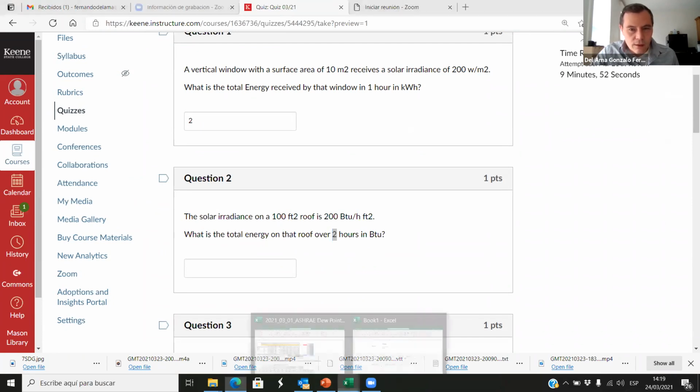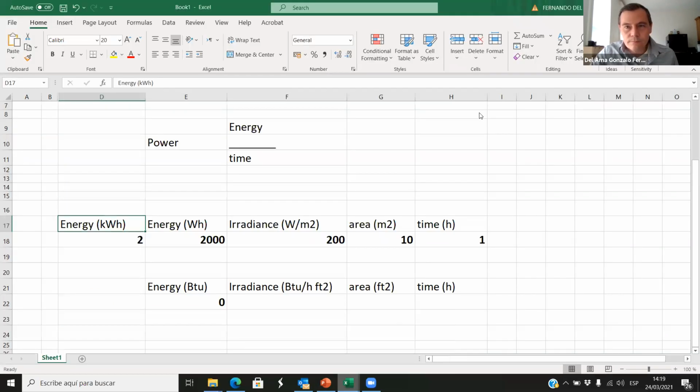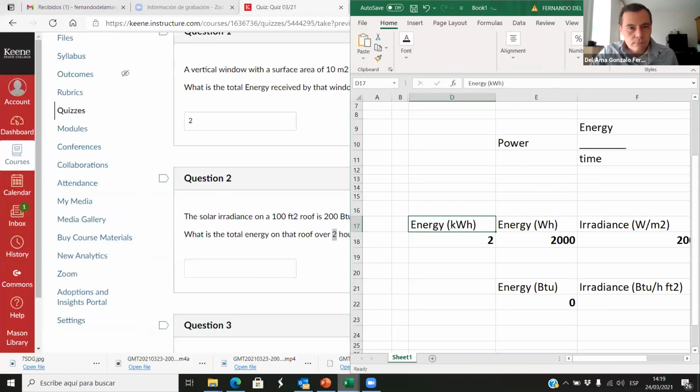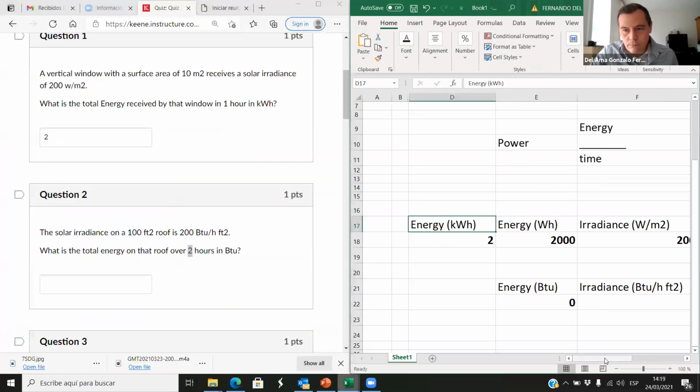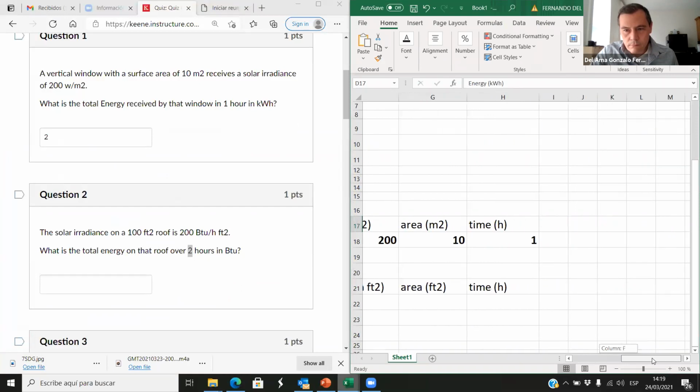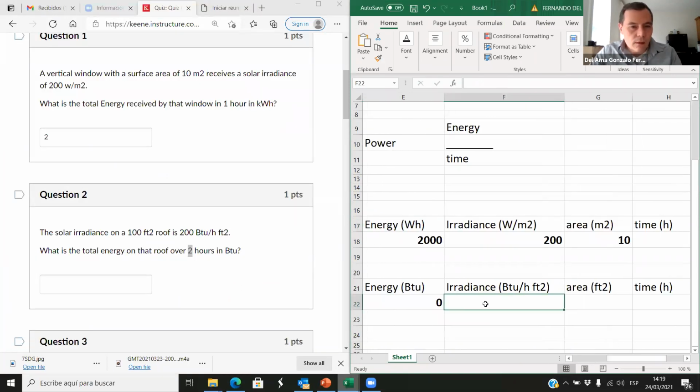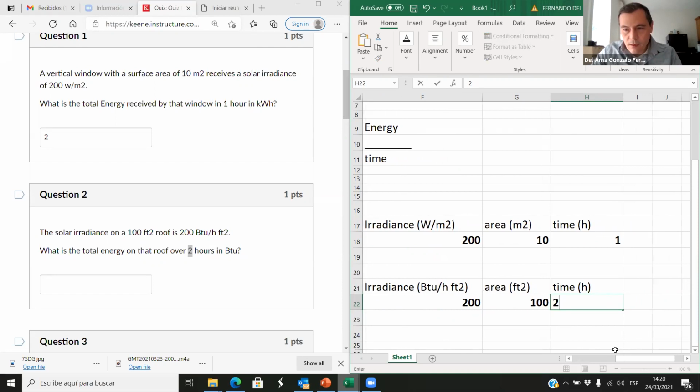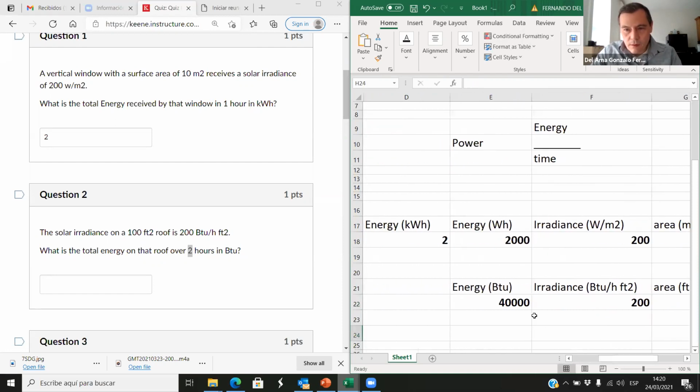Okay, so if we go back here, the irradiance is 200 BTU per hour per square foot. The area is 100 square feet. Time is 2 hours. So this energy in BTUs is 40,000.